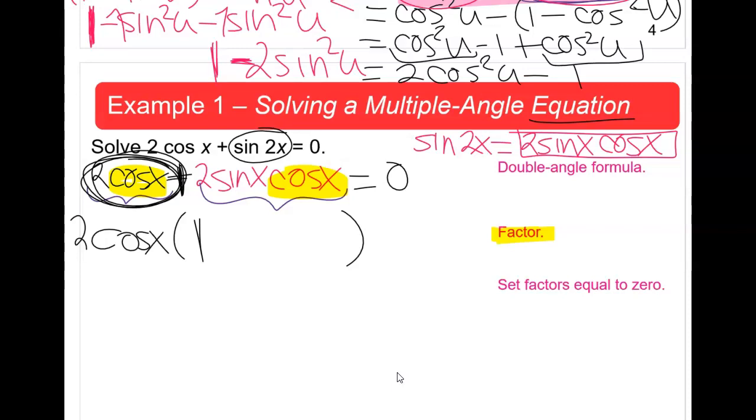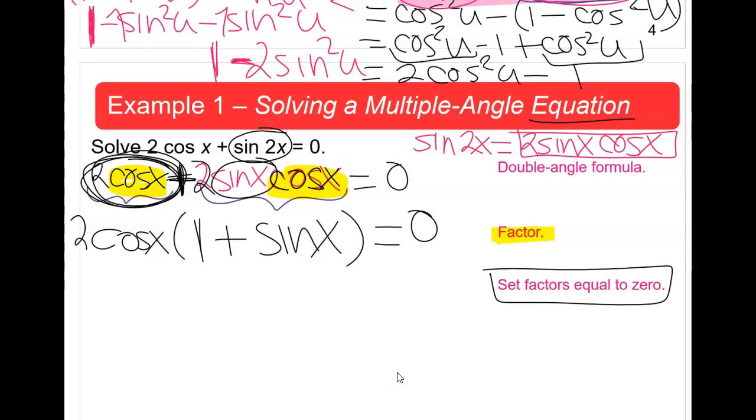Then I have a plus, and we have 2 times sine x times cosine x. If we factor 2 cosine x, we still have sine x. Now we say that equals 0. Now we're going to use the zero factor property and set each factor equal to 0, and then solve one at a time.